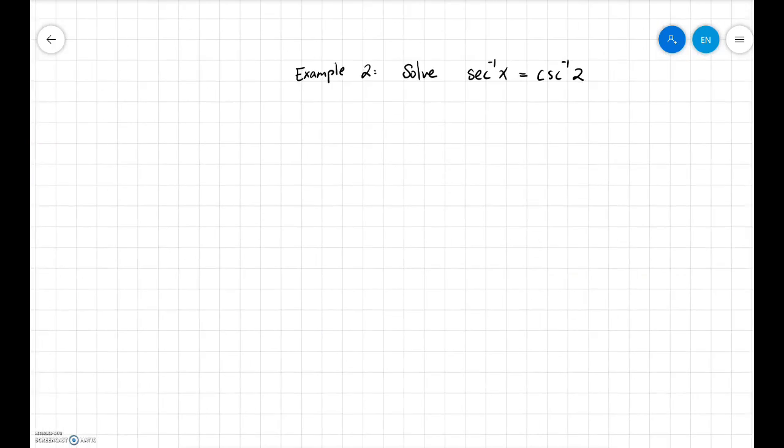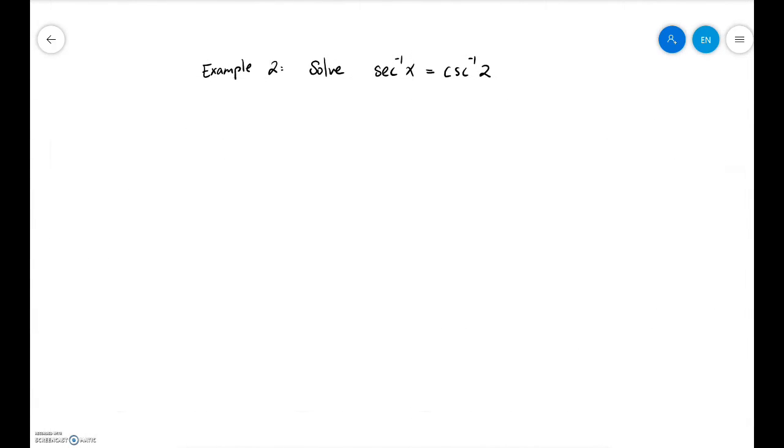Okay, the second example: I want to solve the equation secant inverse of x equals cosecant inverse of 2. Here we have two parts. The first part is secant inverse of x, which I cannot really do anything with. However, the second part, cosecant inverse of 2, is an inverse function, so it should return an angle theta. Because of the inverse function definition, I can rewrite it as cosecant of theta equals 2.